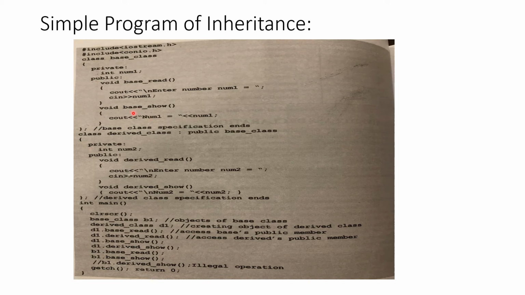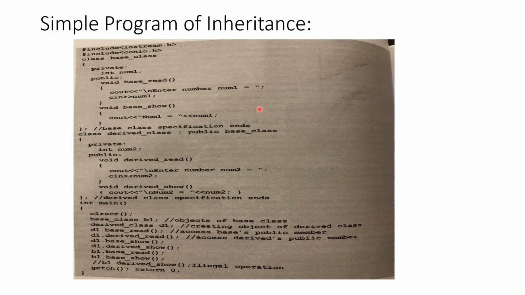As we have already discussed the syntax of a derived class, here we use the class keyword, then derived_class, the name of the derived class, then a colon, and then the access specifier, which may be public, protected, or private. If we derive publicly, we can access every public member of the base class, and the private members also indirectly through the base read and base show functions.